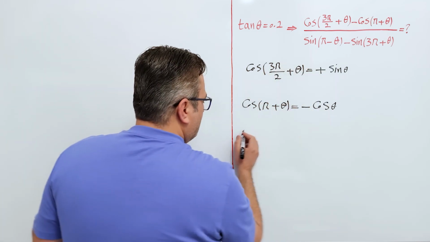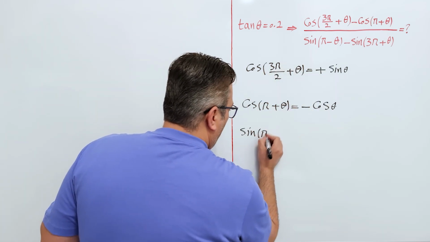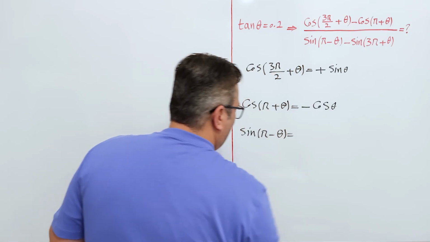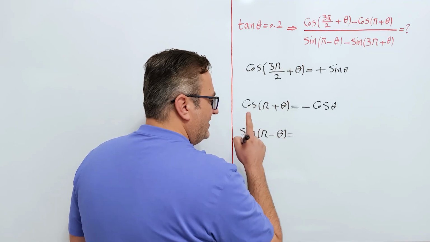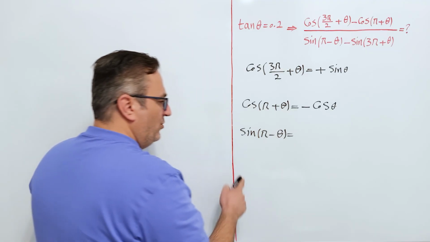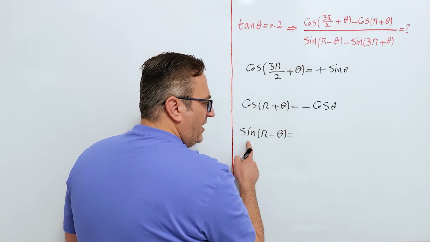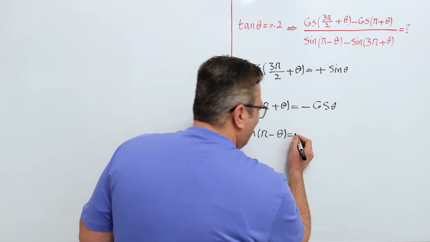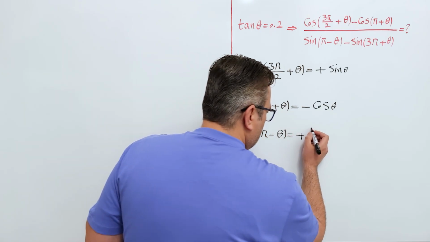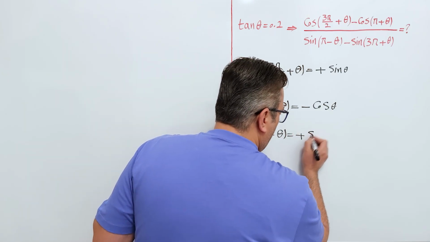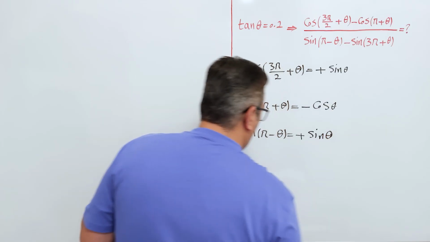and sine of pi minus theta: pi minus theta is in the second quadrant, and we know that the sign of sine in the second quadrant is positive, so sine of pi minus theta is equal to positive sine of theta.